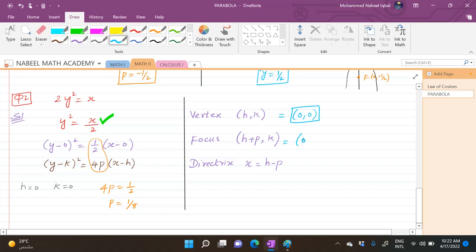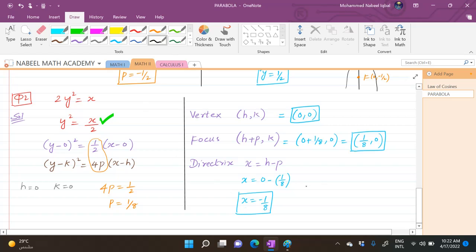Next, the p value is plus 1 over 8 comma 0, therefore the focus is 1 over 8 comma 0. What about the directrix? x equals 0 minus 1 over 8, which in turn implies x equals minus 1 over 8.